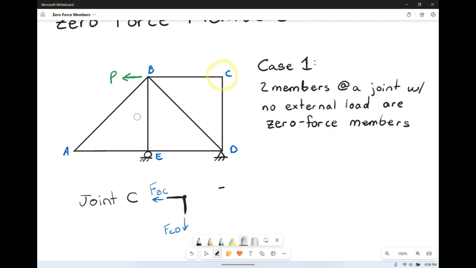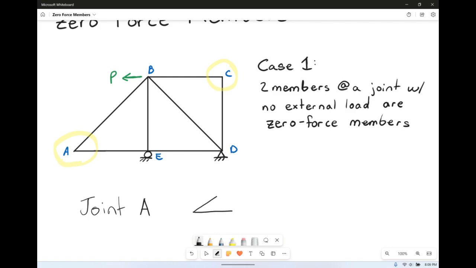So let's look at another case. If we look at joint A, joint A is just a joint. It has two members and no external loads. So we have force AB and we have force AE.